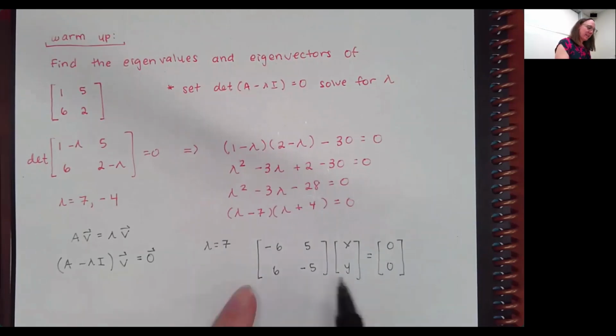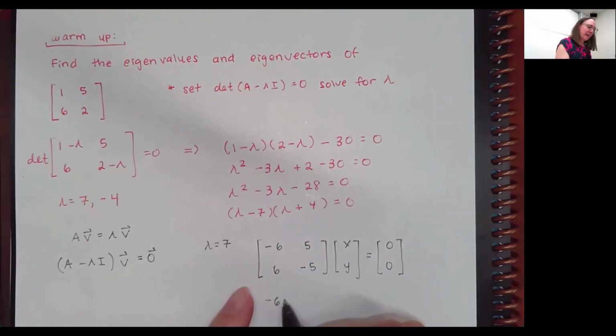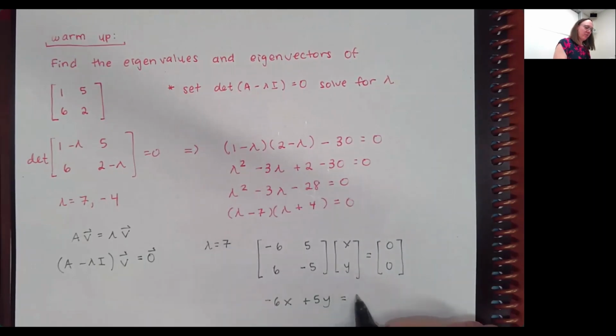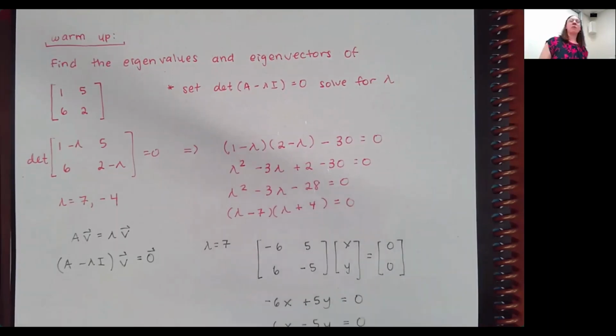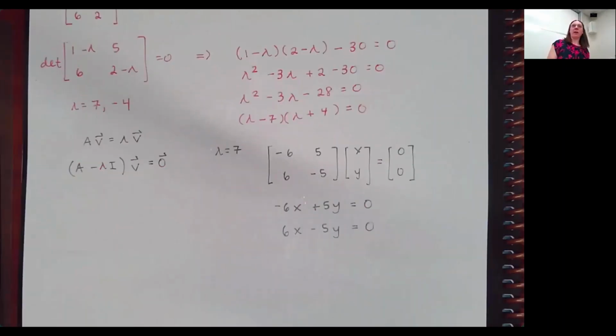So in this case, that says negative 6x plus 5y, if I read across the top line, is equal to 0. Or if I read across the bottom line, 6x minus 5y is equal to 0. And they're telling me the same thing because if I multiply the top row by negative 1, I get the same thing as the bottom row.